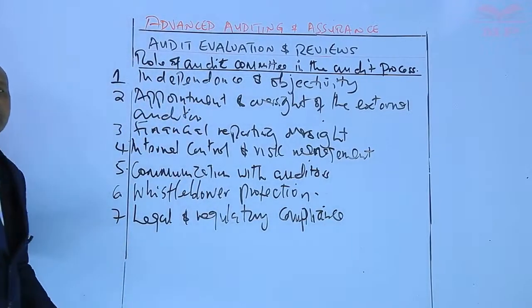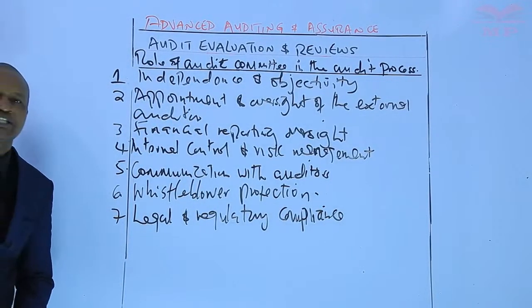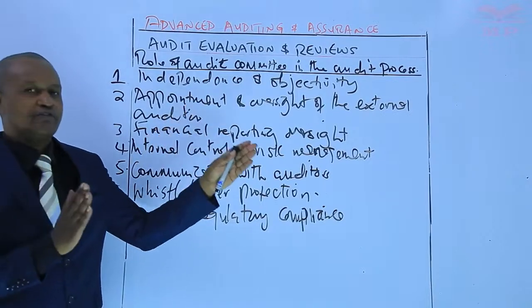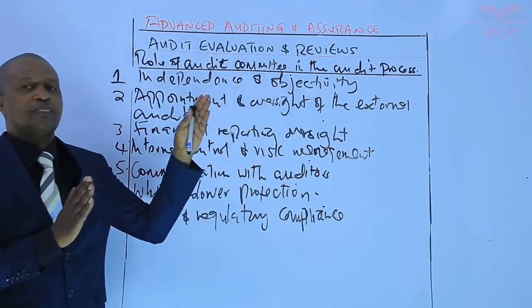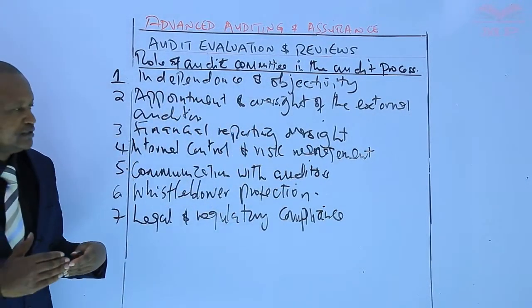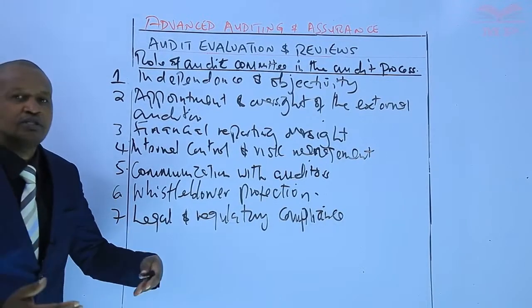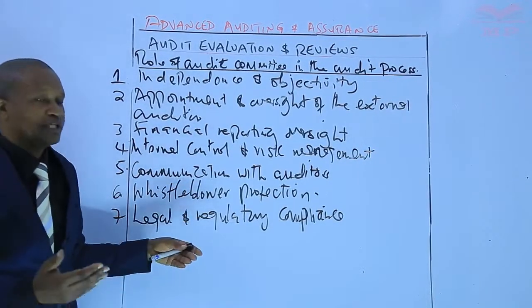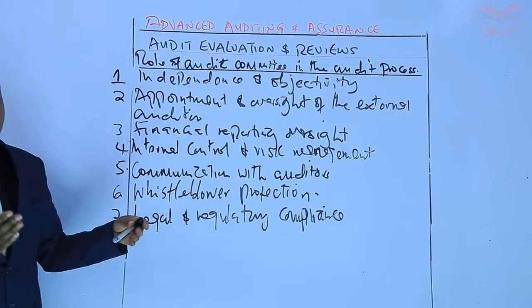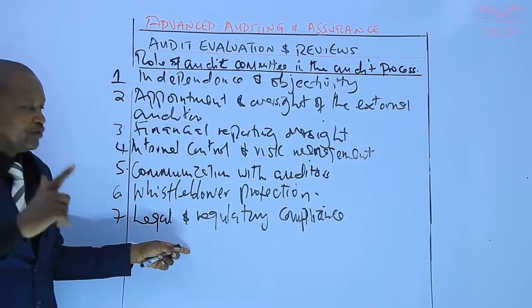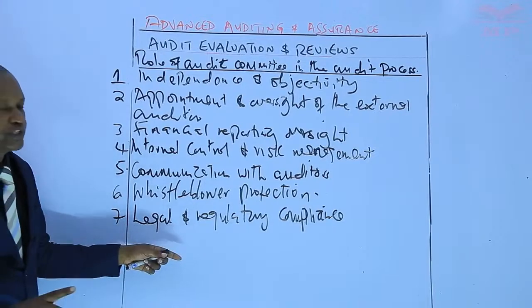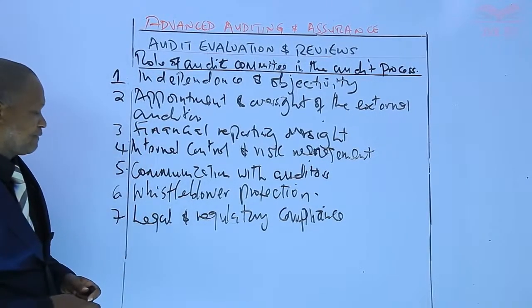Legal and regulatory compliance. The audit committee monitors the organization's compliance with relevant laws, regulations, and ethical standards. This committee reviews the adequacy of systems and processes in place to identify and address legal and regulatory risks, including those related to financial reporting and auditing.